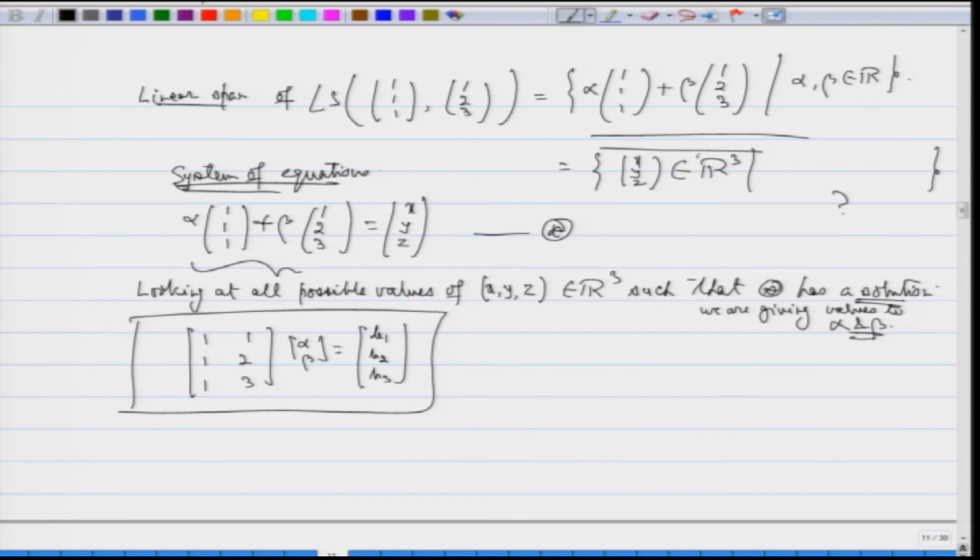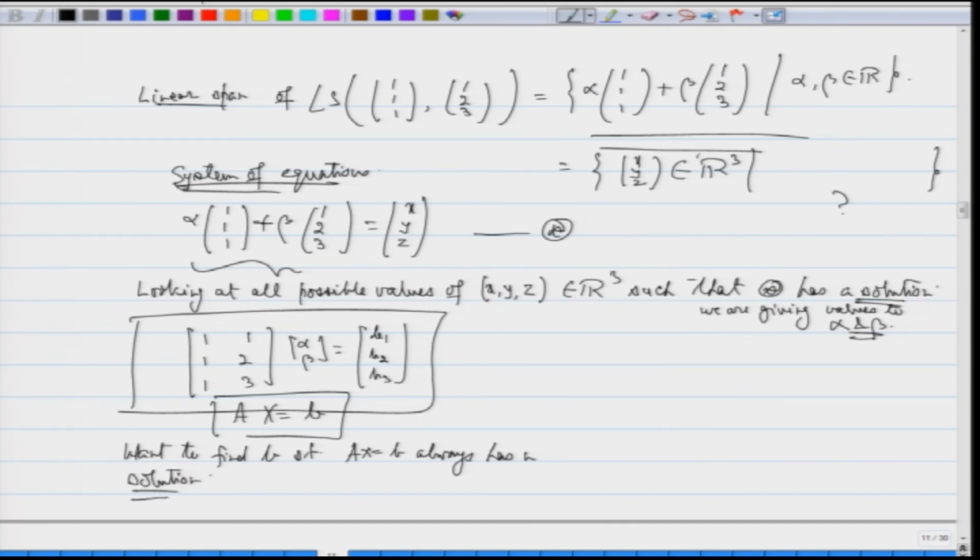All right. So here I am saying that I want to look at the system Ax equals b. What is given to me is that it has a solution. So I want to find b such that Ax equals b always has a solution.